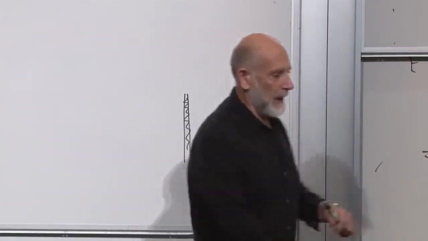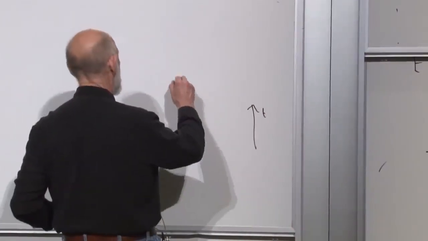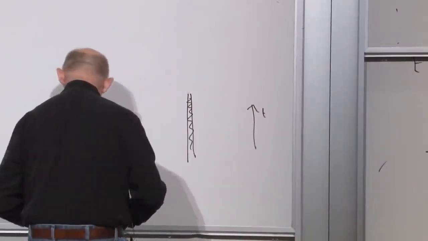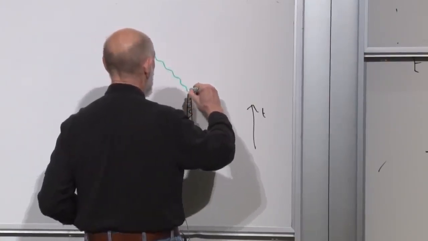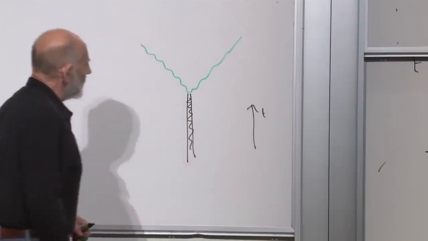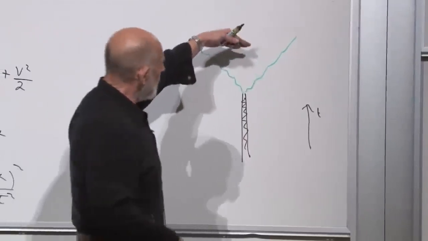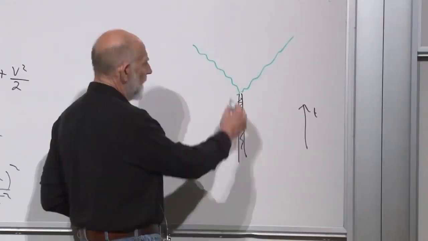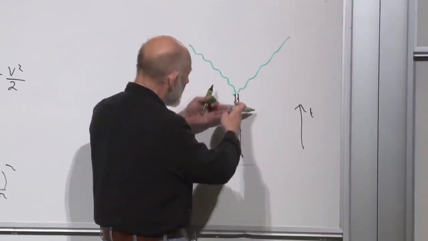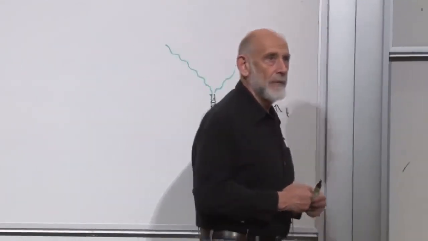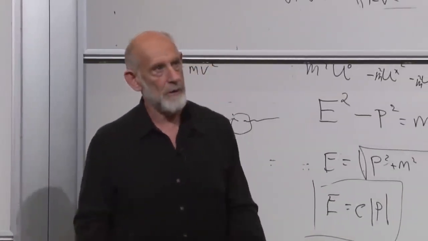Then the positronium decays, and a photon goes out this way, and a photon goes out this way. If you trace back along the world line of the photons, you will find that they intersect, first of all, at the spatial location where the positronium was, but they will intersect at exactly the same time, or at least at the same time if we ignore quantum uncertainties.